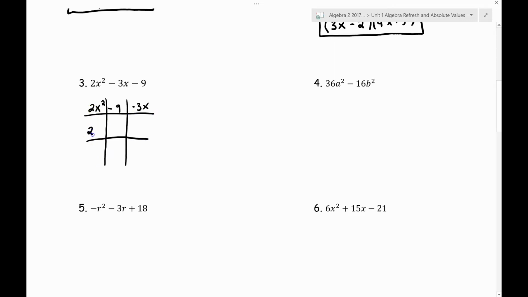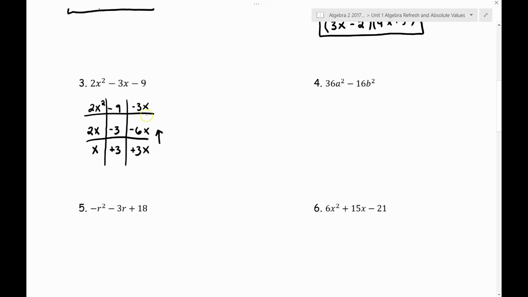Okay, things that will multiply to 2x squared are 2x times x. Negative 9 could be negative 9 and 1. It could be 3 and 3. Okay, so what I'm going to have to figure out is how am I going to get them to add up to negative 3x? Well, I could do a negative 3 and a positive 3. That will give me negative 6x and a positive 3x.